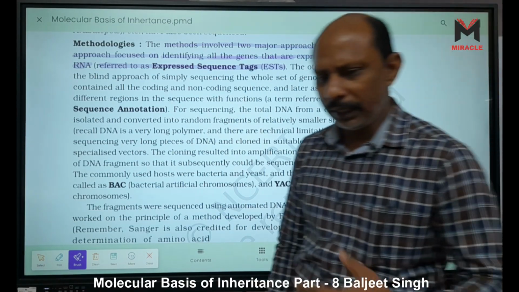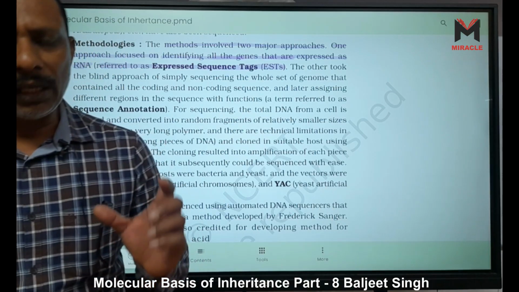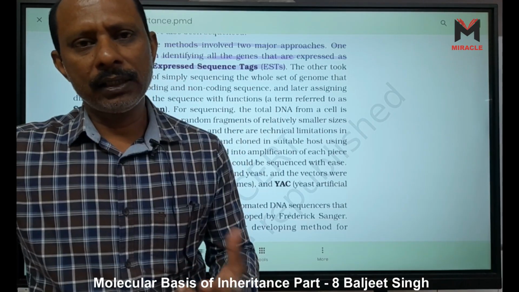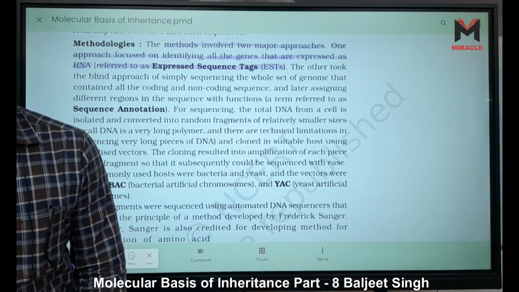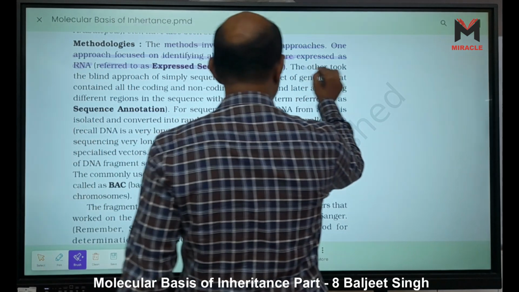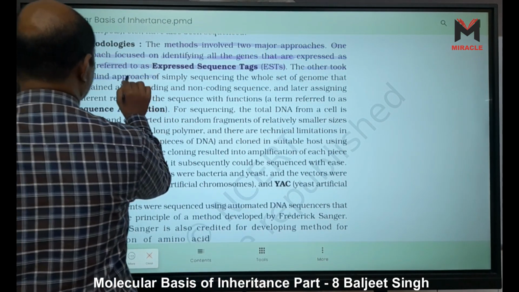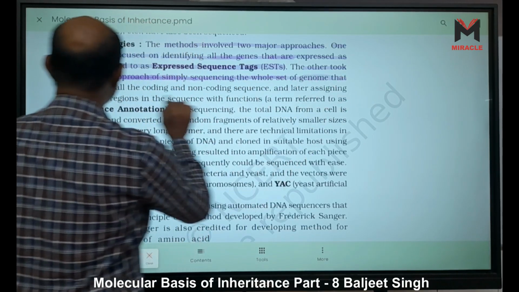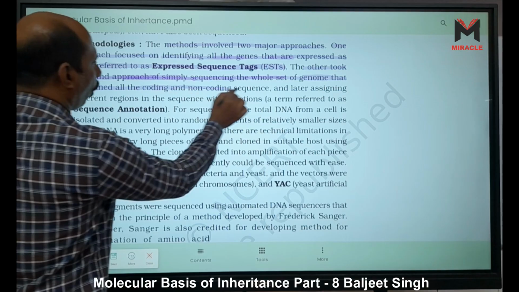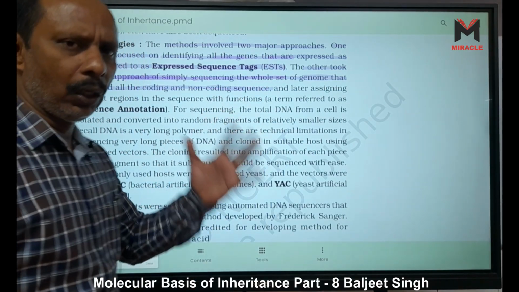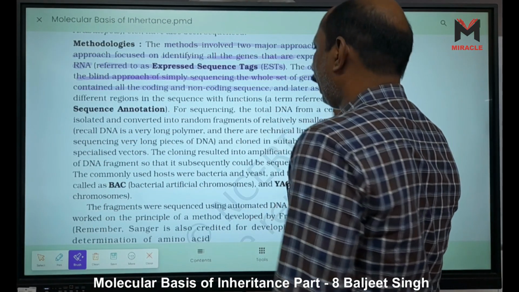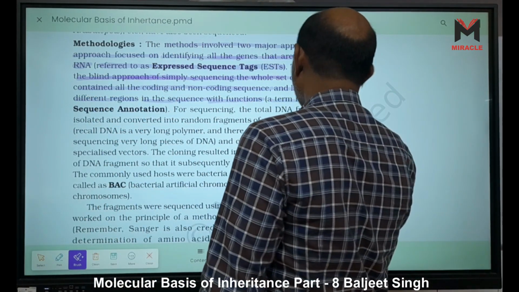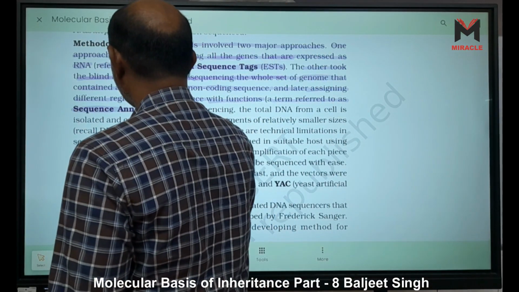Expressed means which can express itself. The part of DNA which can express itself in the form of messenger RNA, or we can say which is transcriptionally active. The other took a blind approach of simply sequencing the whole genome that contains all the coding and non-coding sequences, and later assigning the different regions in the sequence with functions, a term referred to as sequence annotation.